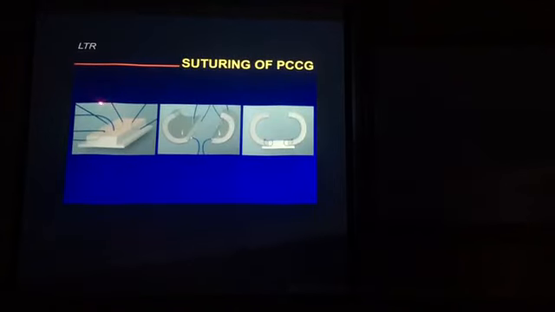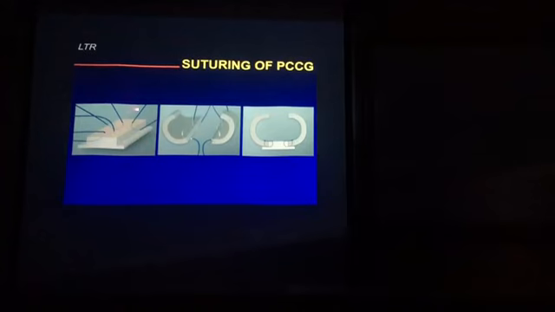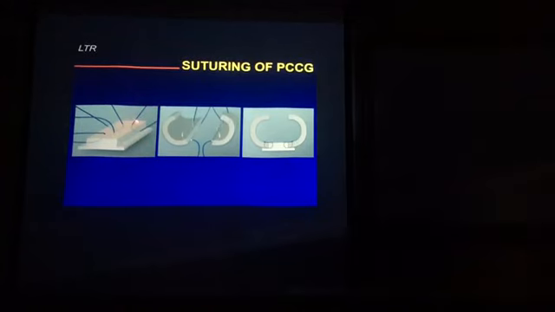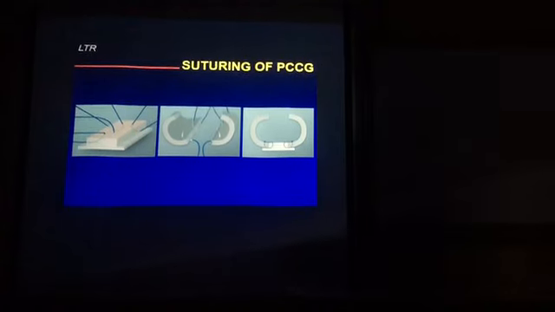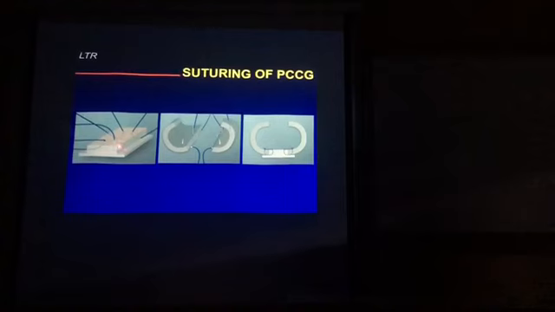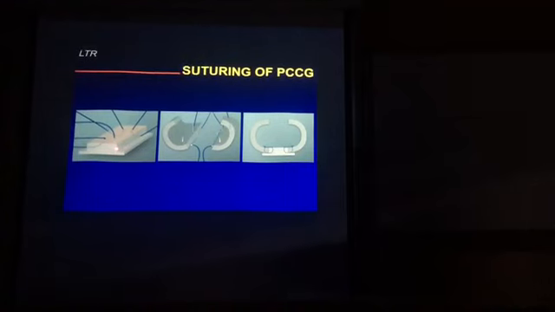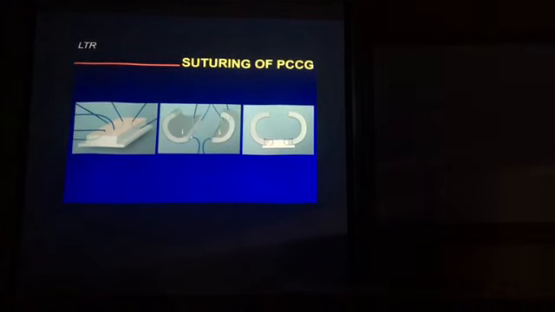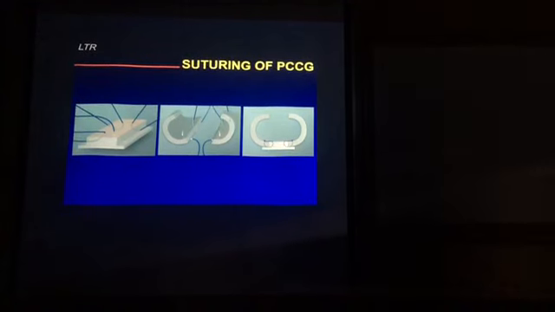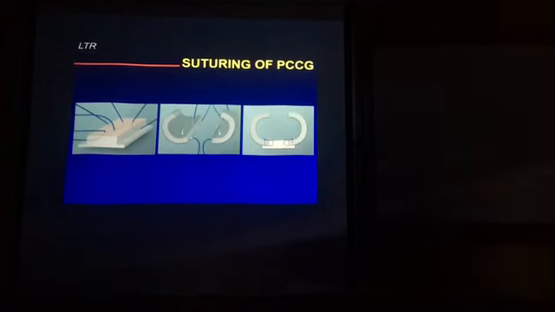The technique of suturing is you go from the inside through the perichondrium, and you try to emerge right at this angle. Another point that is important, the height here should be matching the height of your divided cricoid plate. You don't want to have something that is higher here or lower here.